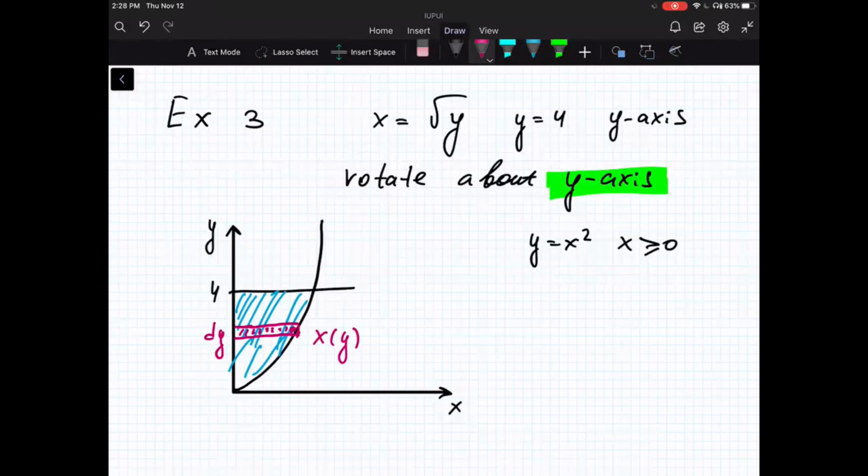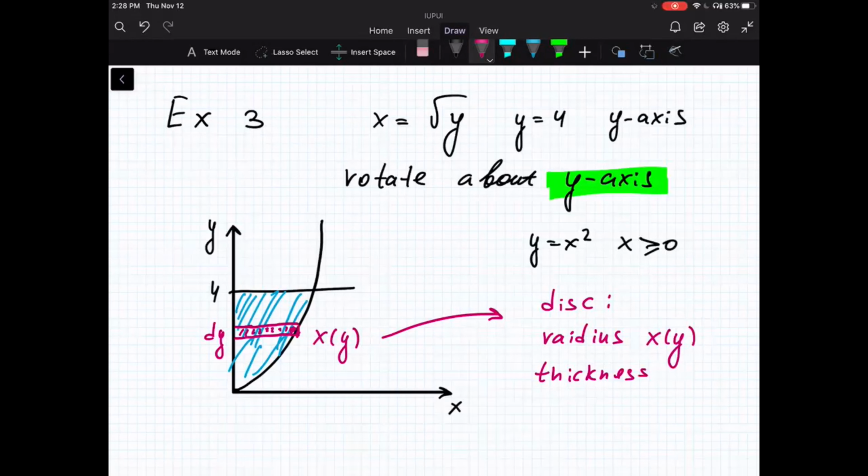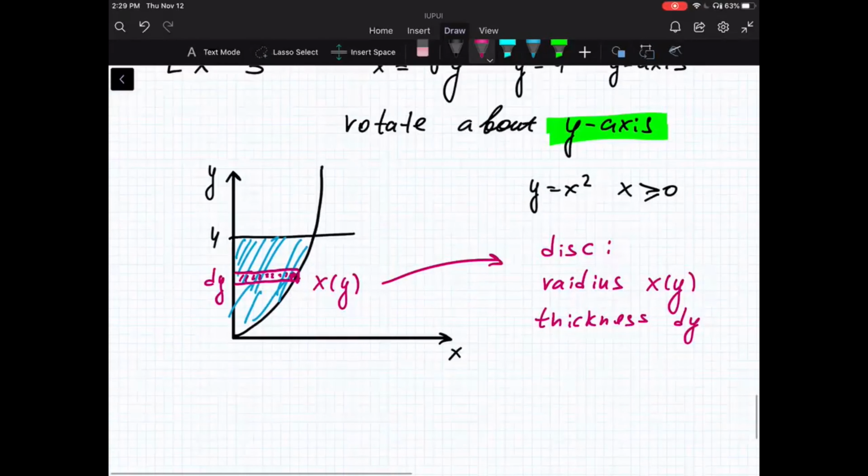That we also discussed. And after I rotate about the y-axis, it will give me a disk. Now it will be, again, a horizontal disk with radius x of y and thickness dy. And so the corresponding volume of a typical disk will be π x of y squared times dy.